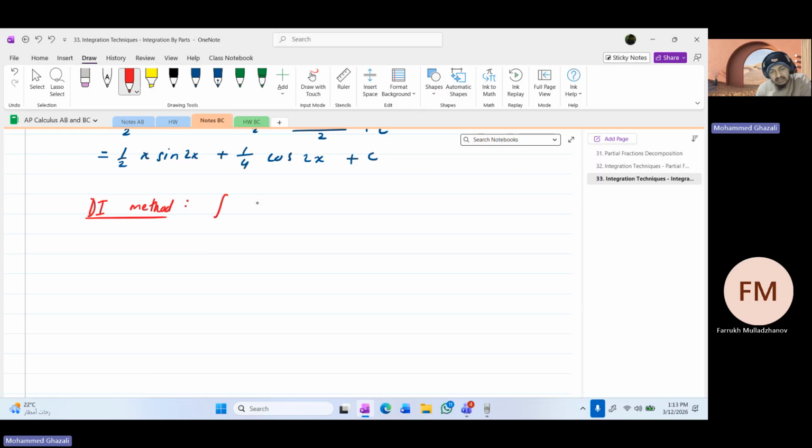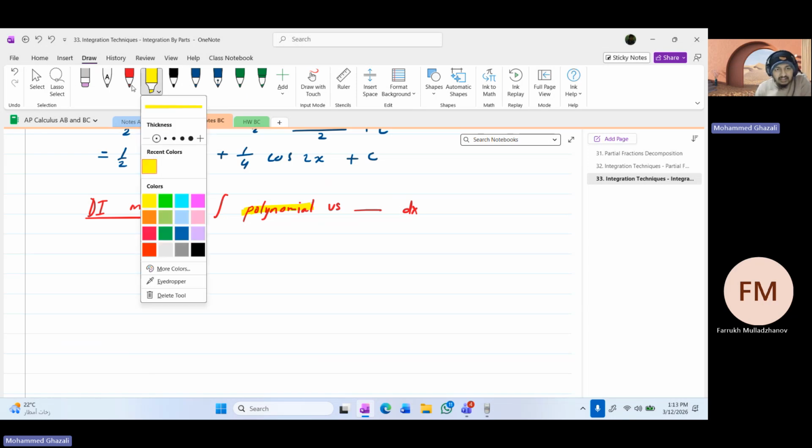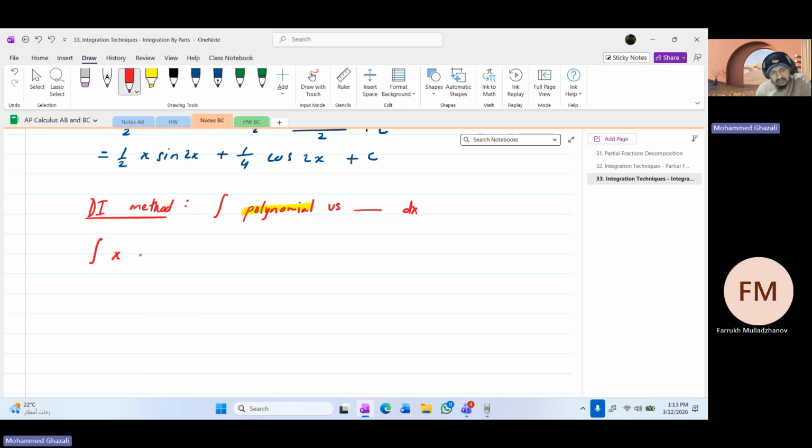This usually works when you have the integral of a polynomial versus other functions, dx. It can be any other function like exponential, but you must have a polynomial. Then it works nicely. So we wanted to find the integral of x cos 2x dx.